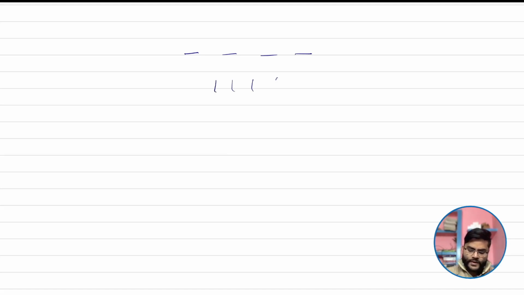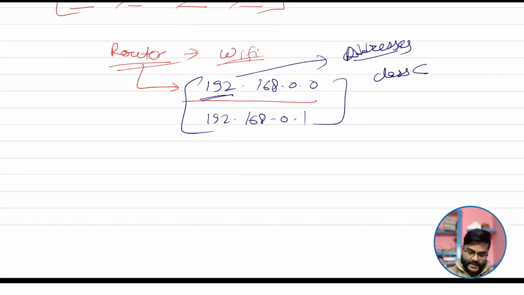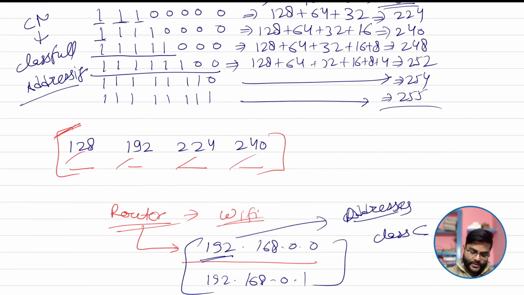If we have 4 ones, we know that it is 15. If we have 3 ones, we know that it is 7. If we have 2 ones and 2 zeros, it is nothing but 8 plus 4, 12, right? So for the last 4 bits, our mind can easily process it. So just learn the values of these 4 only.